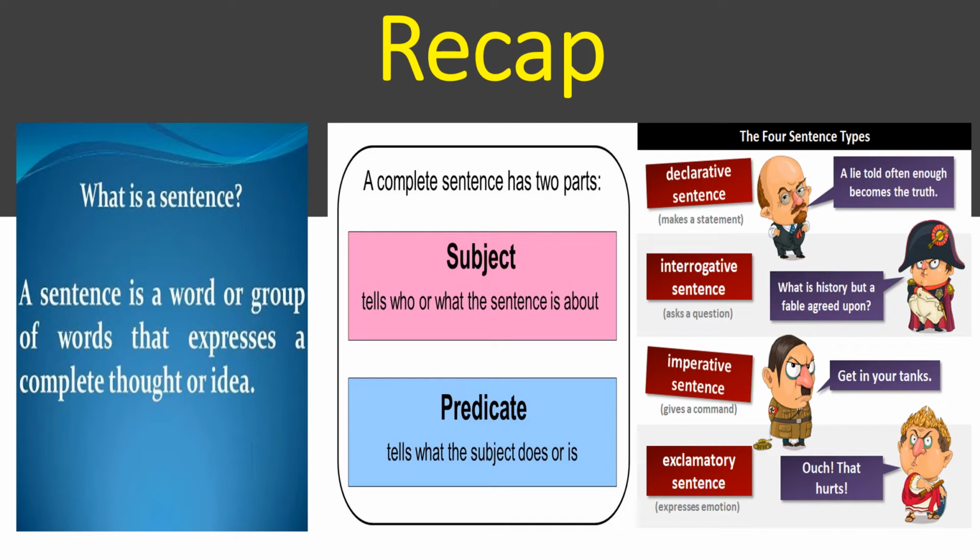A sentence is a group of words that expresses a complete thought or feeling and makes complete sense. A sentence begins with a capital letter and ends with a full stop or a question mark or an exclamation mark. And a sentence has 2 parts, the subject and the predicate.